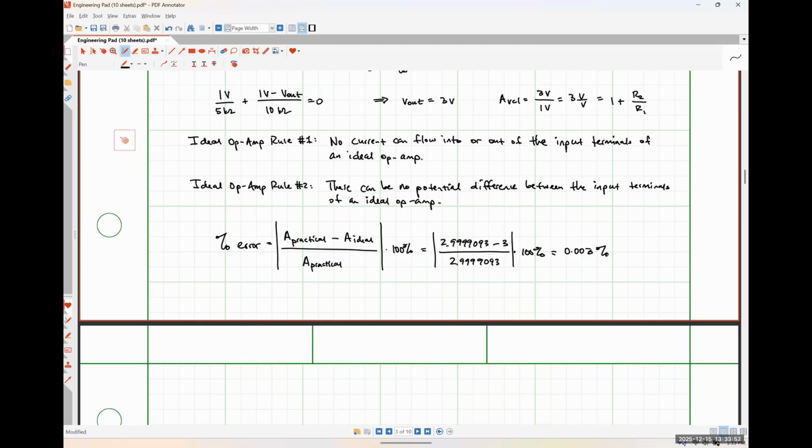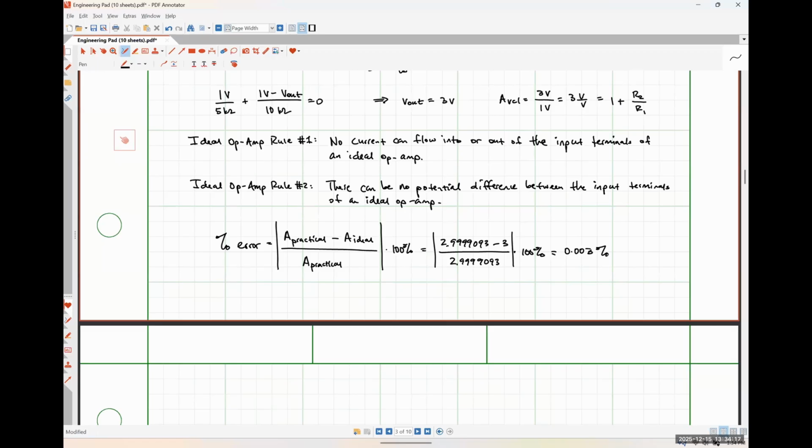In your homework set, I'm going to give you circuits where I'm telling you that the open loop voltage gain for your op amp is on the order of a few thousand. And I might also give you relatively low input resistance values and relatively high output resistance values.